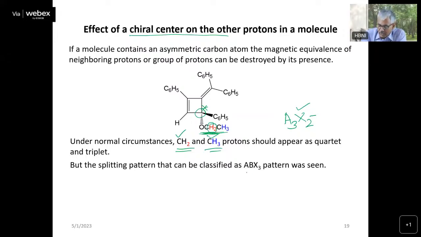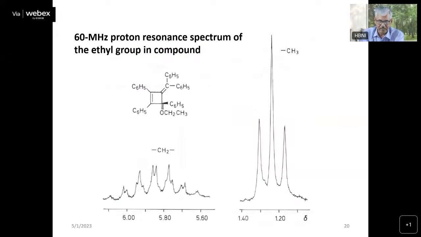So the new pattern of the spectrum will be ABX3. These two hydrogens will now be AB because their chemical shifts will not be the same. Normally the CH2 group could have come as a quartet, but as it is an ABX3 pattern, you get a large number of splittings, whereas CH3 is still able to maintain the triplet structure.